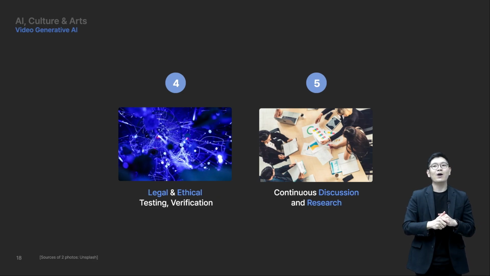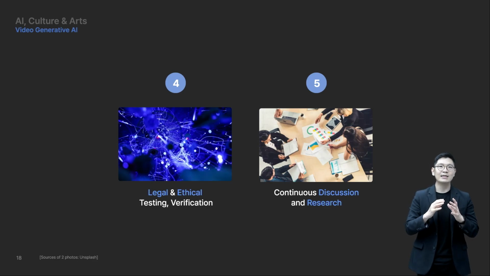Thirdly, it requires legal and ethical testing and verifications. The video generative AI should not be distributed recklessly, but should be made and distributed without ethical concerns through sufficient testing and verifications. Without this validation, there is a risk that it could cause major ethical issues down the road.